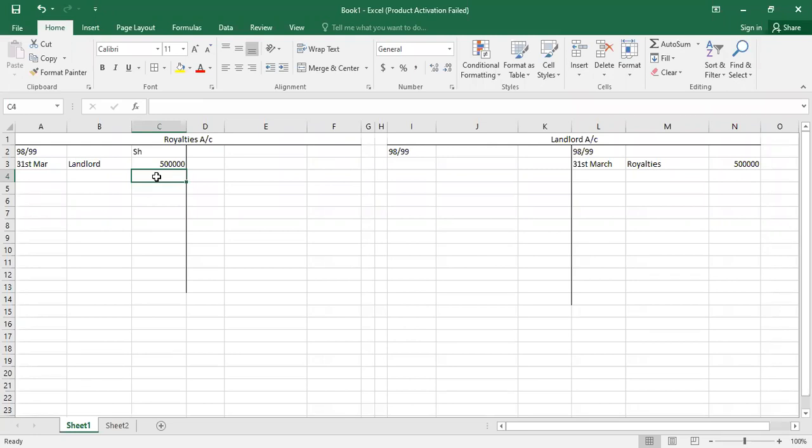So you can make the subsequent years because there is not much ado in this particular transaction. We can have the year that followed, which is now 1999, 2000. Let me copy paste this.